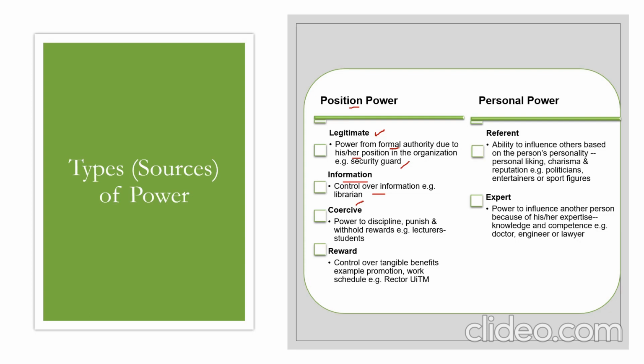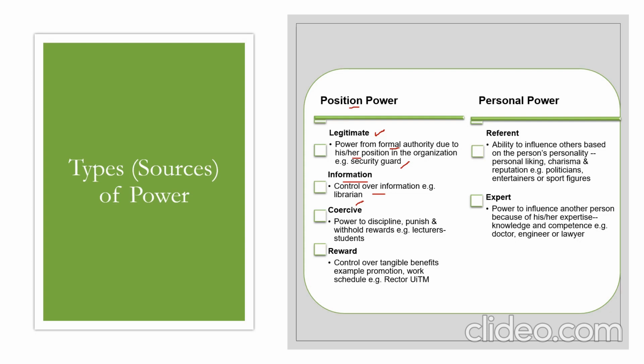They can decide which kind of information to release and which kind of information to hold. If I go to the library and I ask the librarian for information on the students in UiTM Kedah, then the librarian has the power to release that information to me because I am a lecturer. I have the right to get the information about the students.